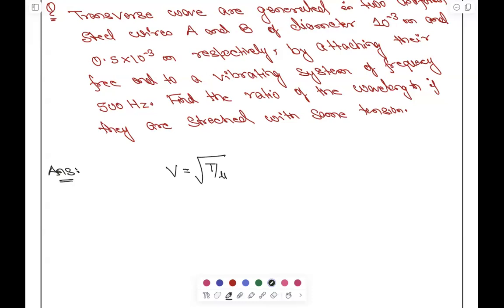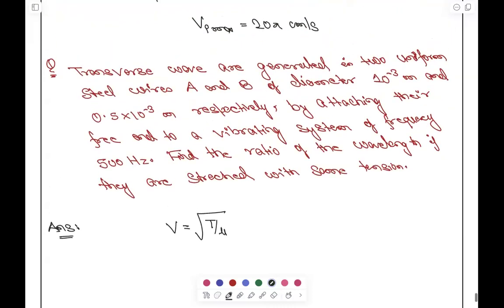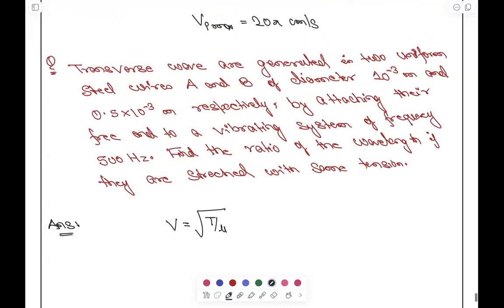Diameter is given. What will be mu? In some of the questions, what is given that it is of the constant. सुनना अच्छे से. So rho is constant.